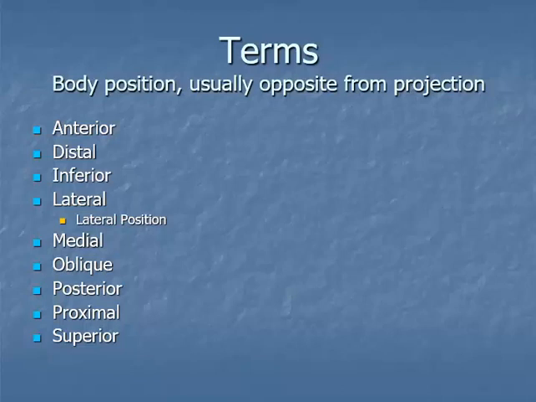You have a lateral medial projection, medial lateral projection, things like that. So medial's on the inside, oblique is somewhere in between a frontal and a lateral projection.